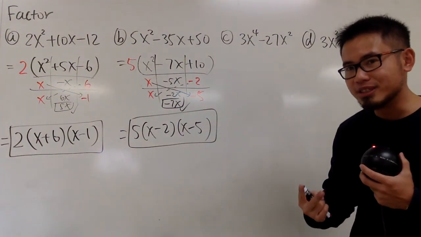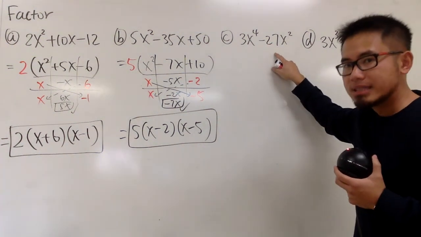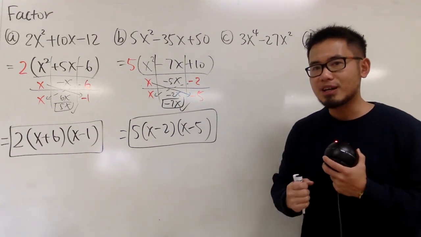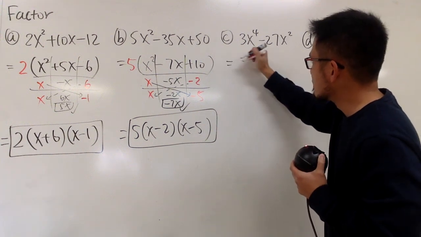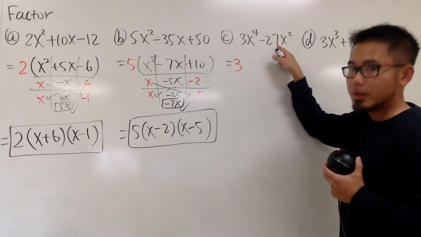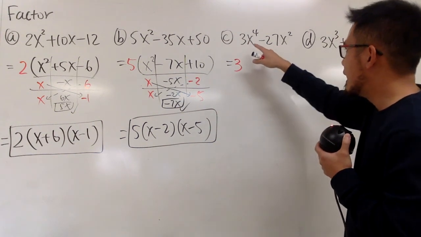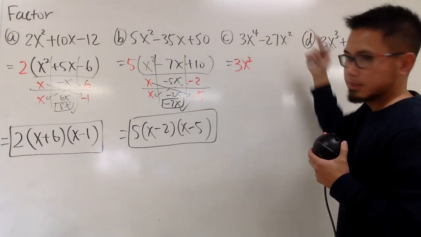Now, moving on to this one. We only have 2 terms in this situation. 3x to the 4th power minus 27x squared. Can we factor out any common factors? Yes. From the number, we can factor out the 3, right? Because 3 goes into 3, 3 also goes into 27. And notice that they both have the x. And I can factor out x to the 2nd power because that's a small exponent.